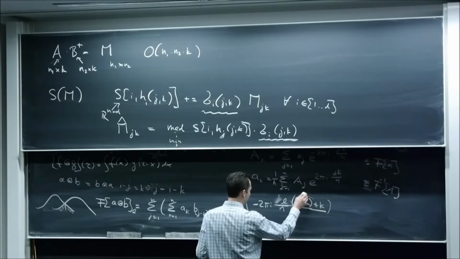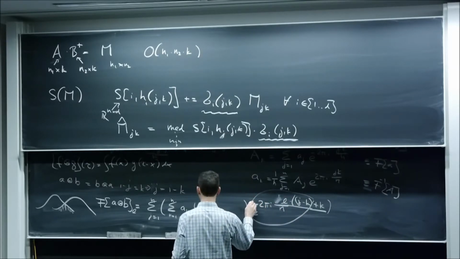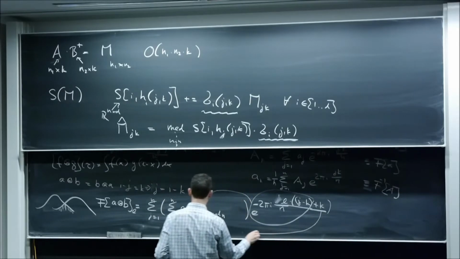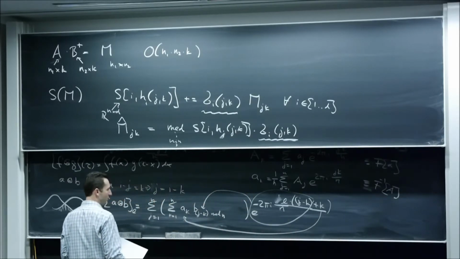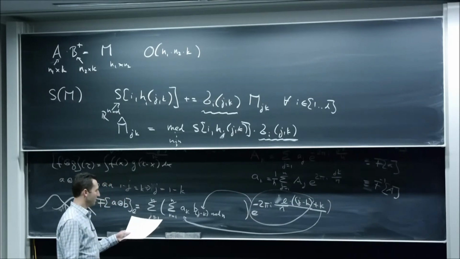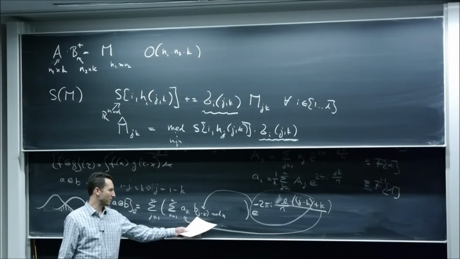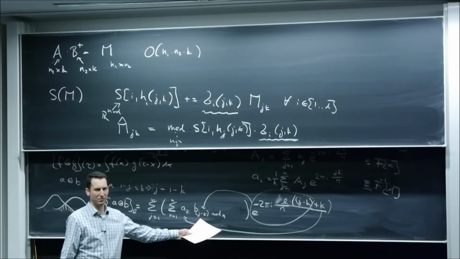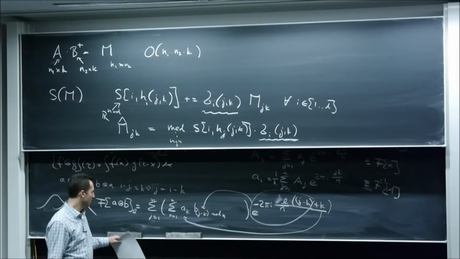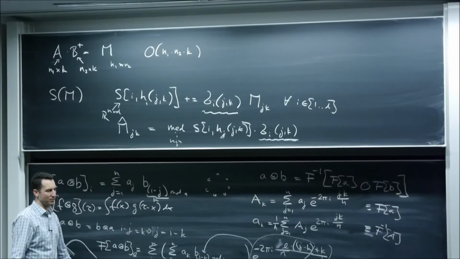So I basically get one sum here, j minus k, and I get the other term here. And so if you squint hard enough, you'll see that this is the Fourier transform of A, pointwise multiplied with the Fourier transform of B. And that's what I need to know. So this is the convolution and Fourier transform result.